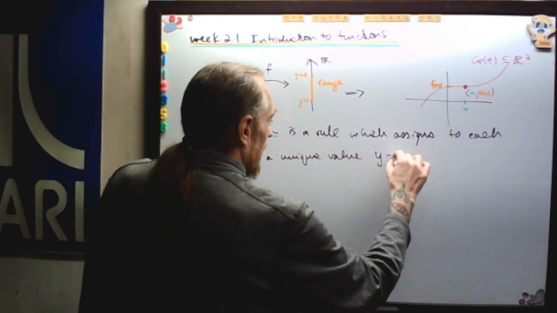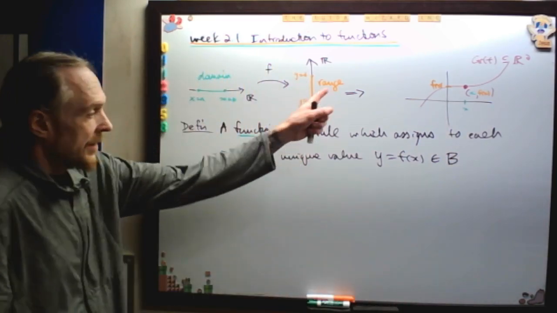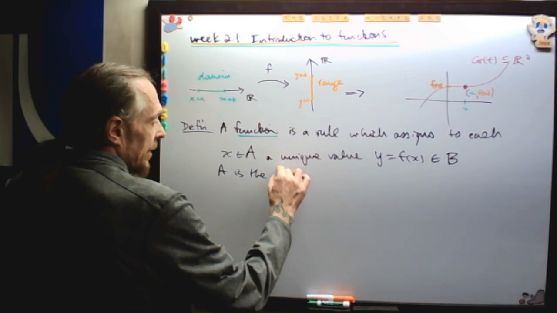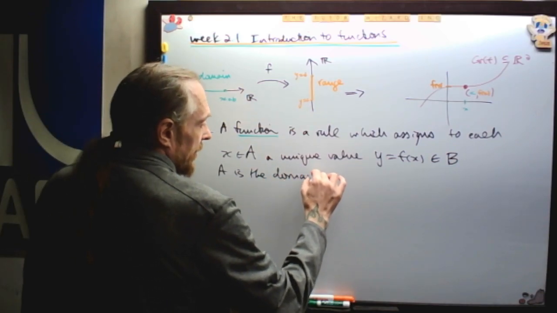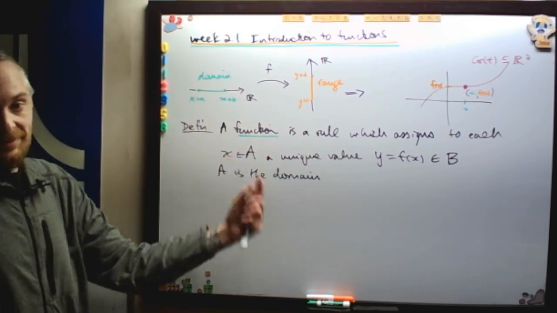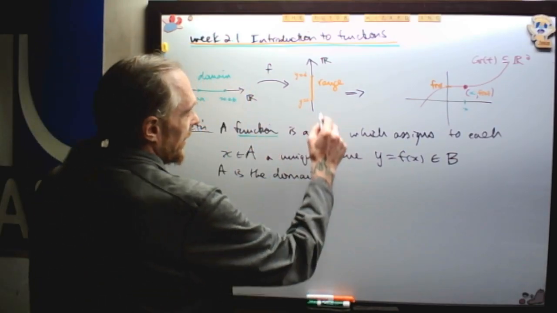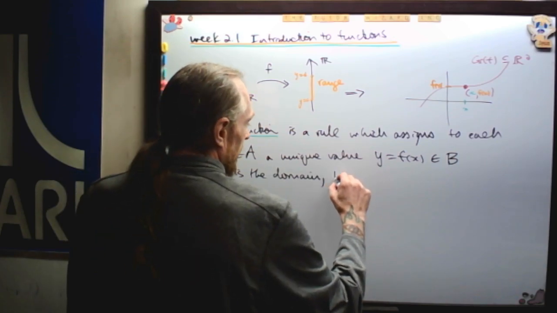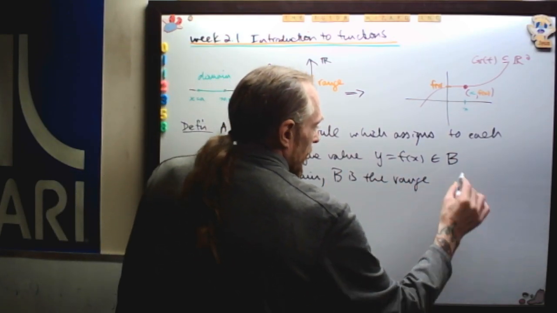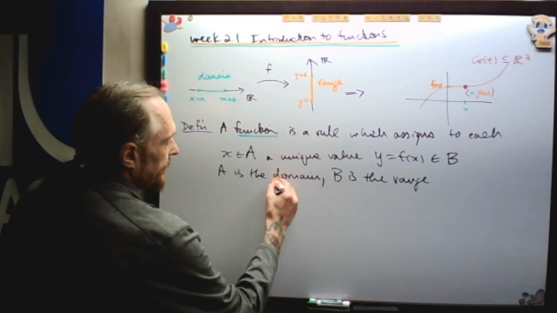Let's call it y equals f of x inside another set B called the range. So A is the domain, the horizontal. I said vertical as I did this. The horizontal is the domain, and then it sends it to B, which is the range, or image sometimes. So these are also the definitions.